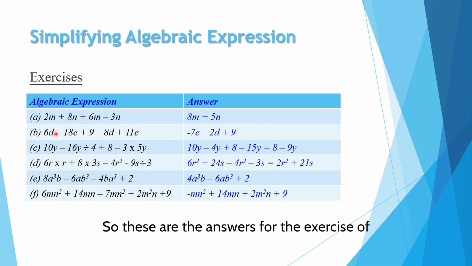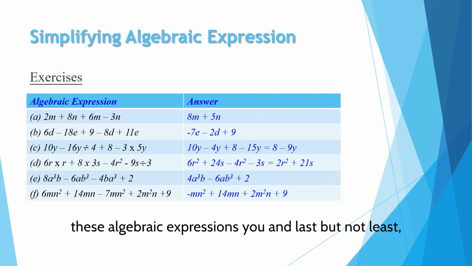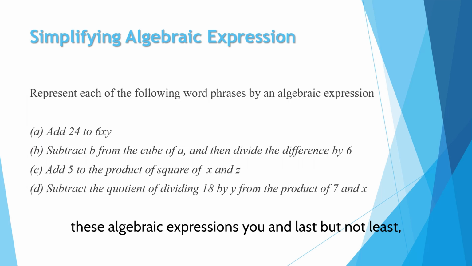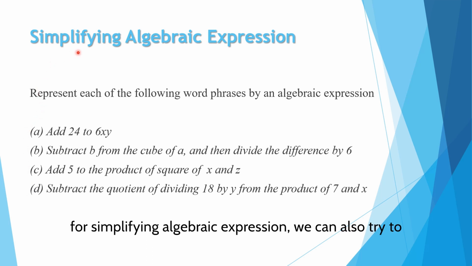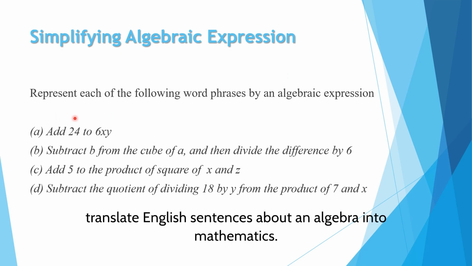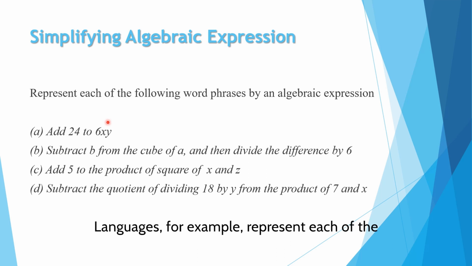So these are the answers for the exercise of these algebraic expressions. And last but not least, for simplifying algebraic expressions, we can also try to translate English sentences about algebra into mathematical language.